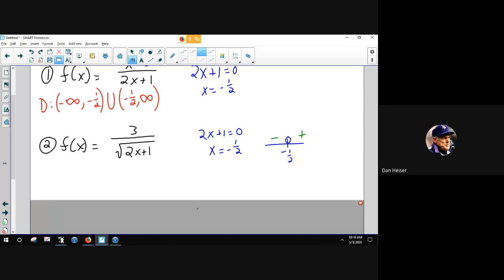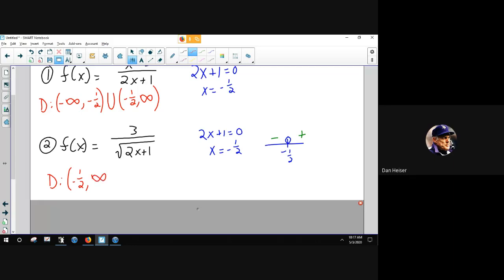So here's my domain, putting all this together. Here's my domain. It's not negative infinity because none of these numbers work. I start at negative 1/2. But negative 1/2 makes the denominator 0, so it's out.